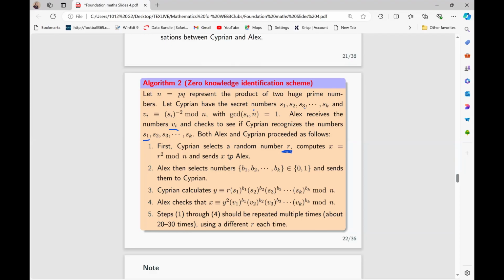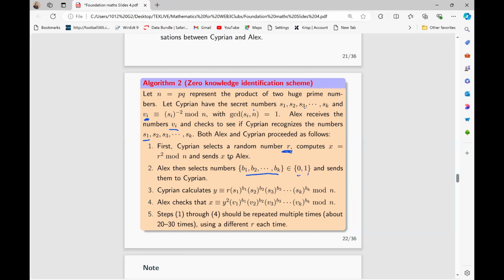Now, when Alex gets this, he selects numbers B1, B2 up to BK, because we had sent him V1, which has S1, S2, S3 up to SK. So he also sends you these numbers. And look at these numbers. He's choosing them between 0 and 1.